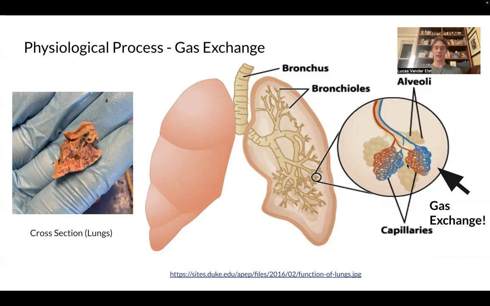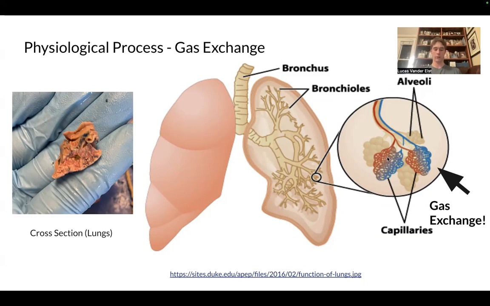Right here, they look like little trees, and there are millions in each lung. The O2 will diffuse across the epithelium into the epithelial cells and flows to the heart and the bloodstream. Right here, this is the oxygen flowing from the alveoli through these little capillaries and exchanging the gas.